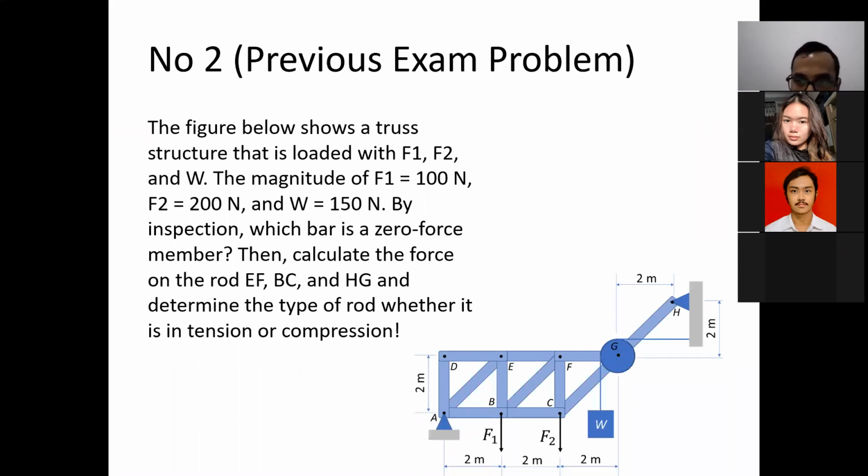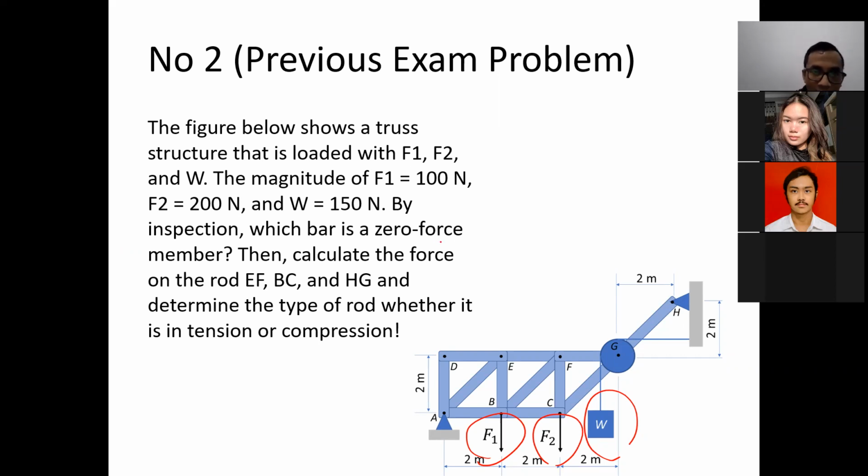As stated here, it's a truss structure loaded with F1, F2, and W. The magnitude of F1 is 100 Newton, F2 is 200 Newton, and W is 150 Newton. By inspection, which bar is a zero force member? So we have to analyze the zero force member by inspection first, and then calculate the force on the rods EF, BC, and HG.